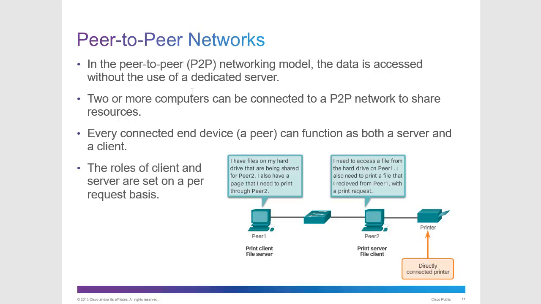Here, they can play both roles. So you can ask for information from this computer, Peer 1, or you can respond to a request from Peer 1 as well. So they're performing both the functions of a client and a server in a peer-to-peer network. So that's what peer-to-peer is. We discussed the benefits and drawbacks of peer-to-peer versus client-server earlier in the course.